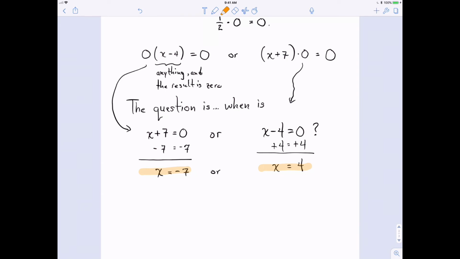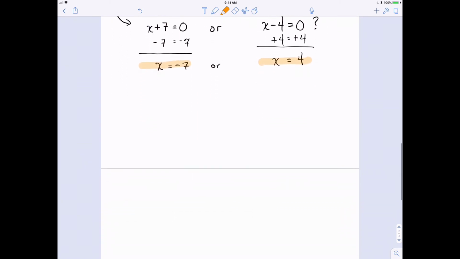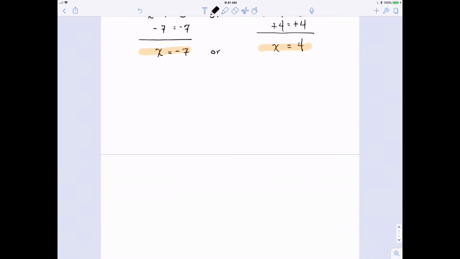So let's, without so much intuition being developed, quickly go through one more example of how it might look from the top, because you probably won't want to write all those questions and things. So let's try one more. Let's try this. Solve x squared minus x minus 6 equals 0.